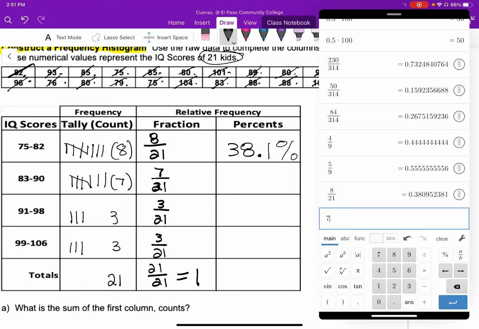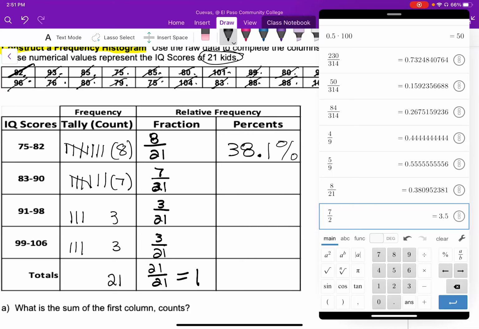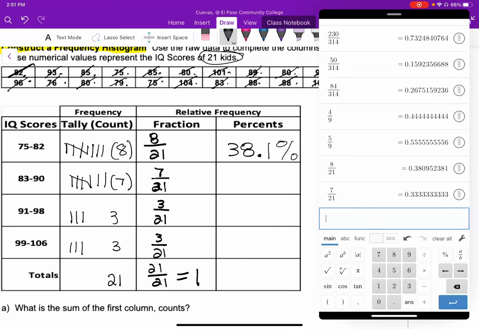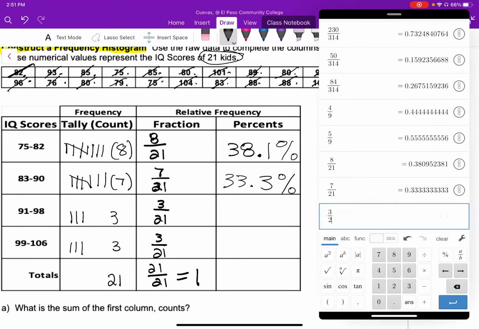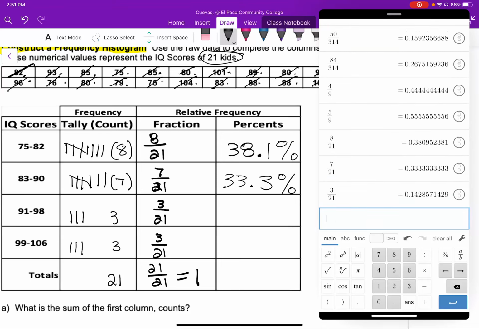Next one, 7 divided by 21. This is going to be repetitive, so this is 3.33. I'm looking here. This is not 5 or greater, so it's going to stay as 3. 3 divided by 21 is 14%, this is 28.